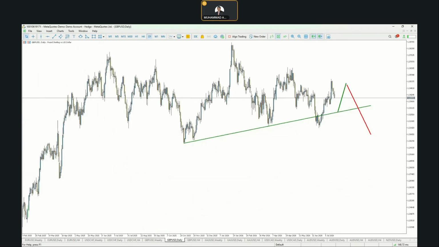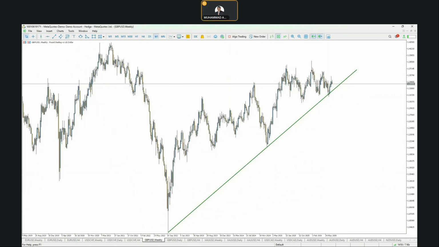As far as GBPUSD is concerned, the price action of GBPUSD kind of moved up overall. Now it's falling down. You can see the UK GDP increased by 0.1%, beating the market forecast of 0.0% and improving from the previous minus 0.1% reading.